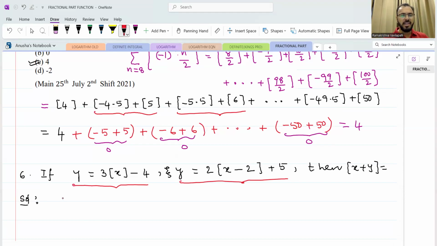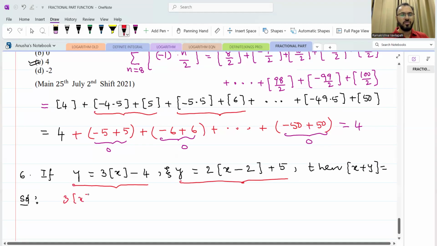Equate these two: 3 into integral part of X minus 4 equal to 2 into integral part of X minus 2 plus 5. Try to remember the basic properties of greatest integer function.